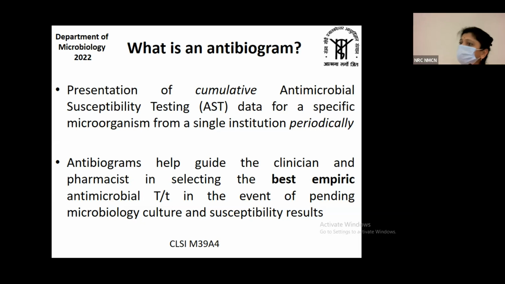So please understand that this antibiogram gives you knowledge regarding the local epidemiology or the local pattern of susceptibility over a period of time, and it aids you in starting the empirical antimicrobial agent, right? Till the microbiology report comes after 48 to 72 hours.